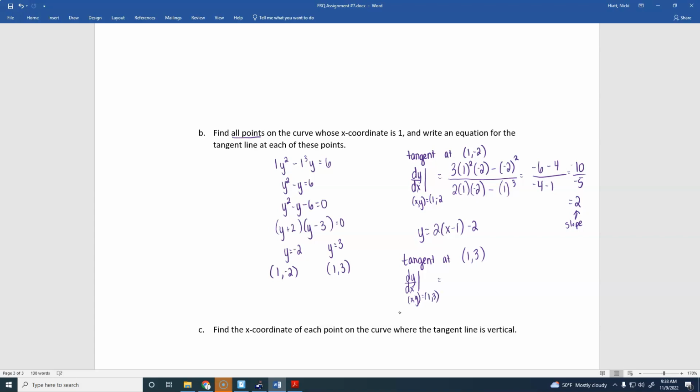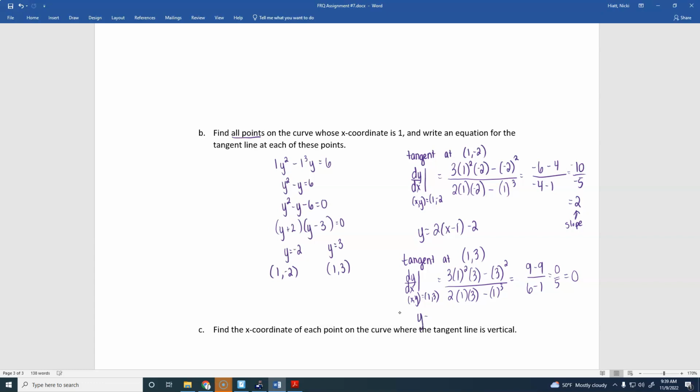And so that would look like this: 3 times 1 squared times 3 minus 3 squared over 2 times 1 times 3 minus 1 cubed. So that's 9 minus 9, right? Over 6 minus 1, which is going to give you 0 over 5, which is 0. So your slope here is 0.